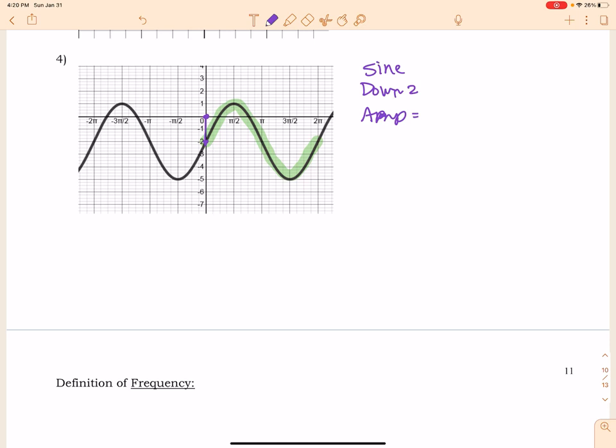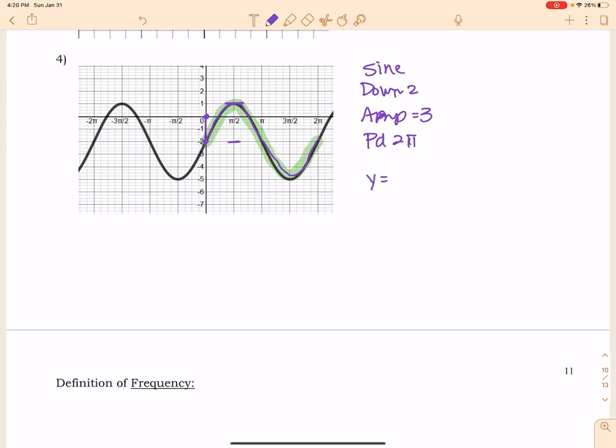Okay, so the amplitude, the measure from here to here, is 3. And the period, again, it takes 2 pi to get to a full cycle. So the period is going to be 2 pi, just like the parent. So that's everything that's happening here.